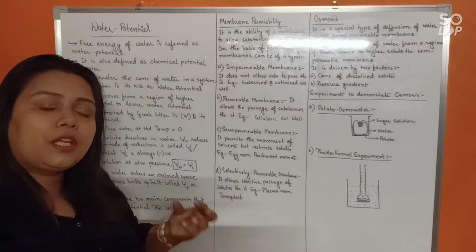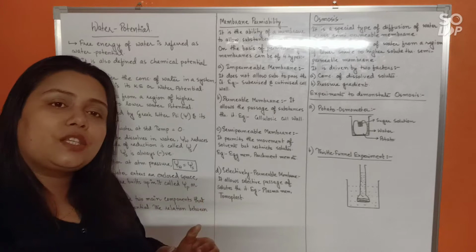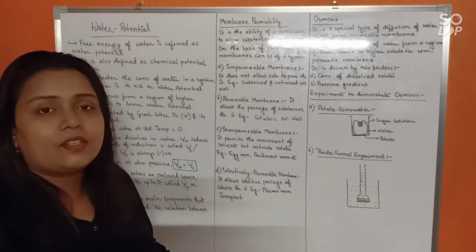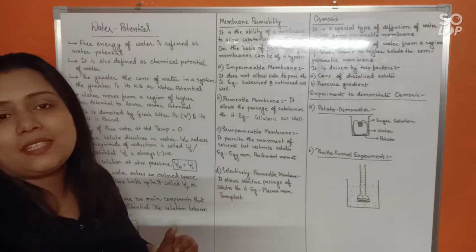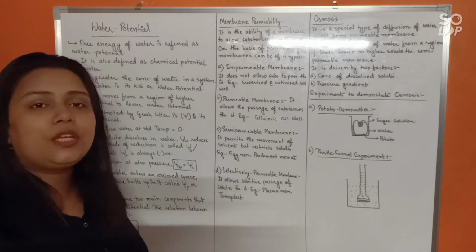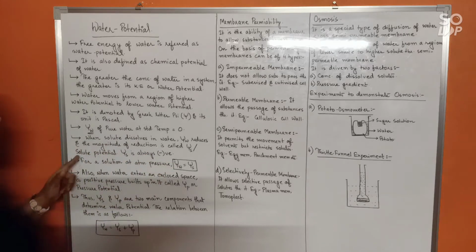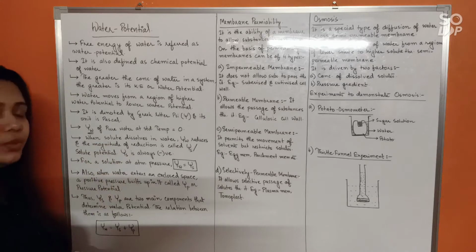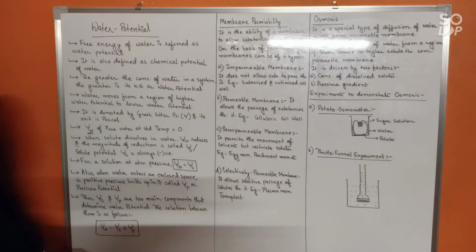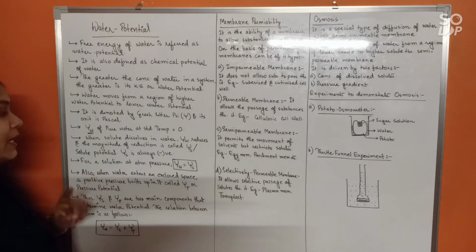So whenever some solute dissolves in water, its concentration will decrease, and if concentration is decreasing, water potential will also decrease. So when solute dissolves in water, water potential decreases, and that magnitude of reduction is known as solute potential, which we refer as psi S.